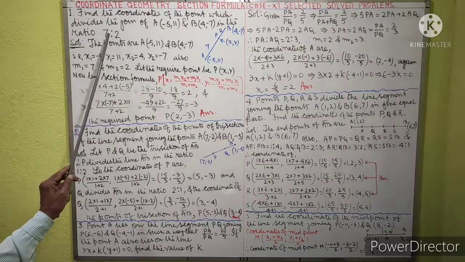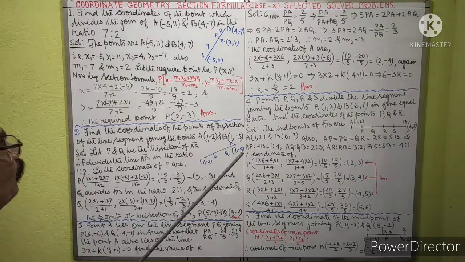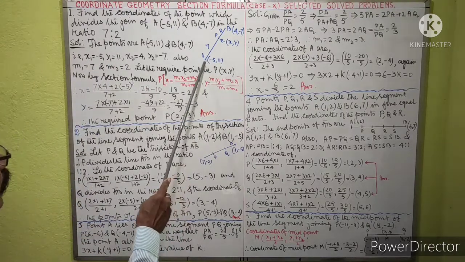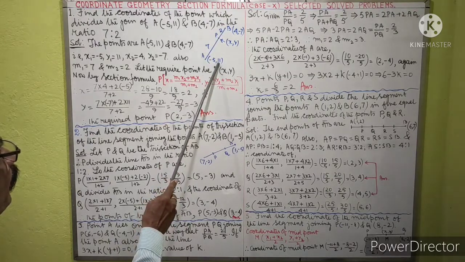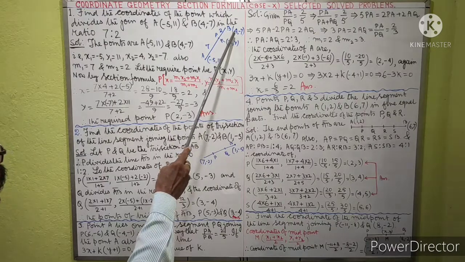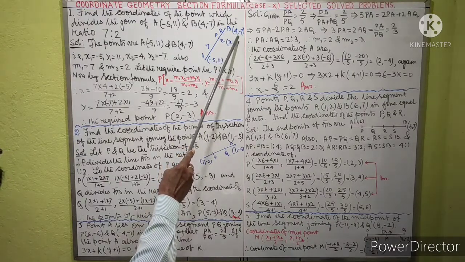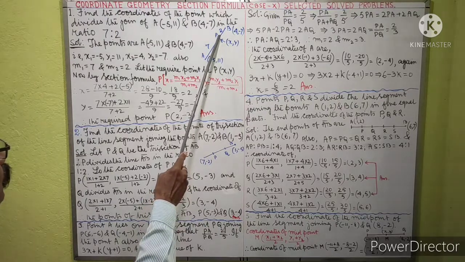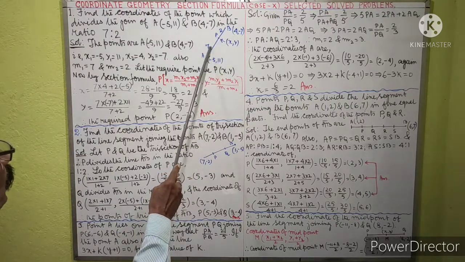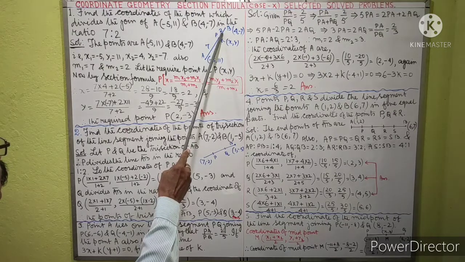The ratio is 7:2. So here this is the straight line AB. A is (-5, 11) and B is (4, -7), and AP is to PB equal to 7:2. It will be like that.